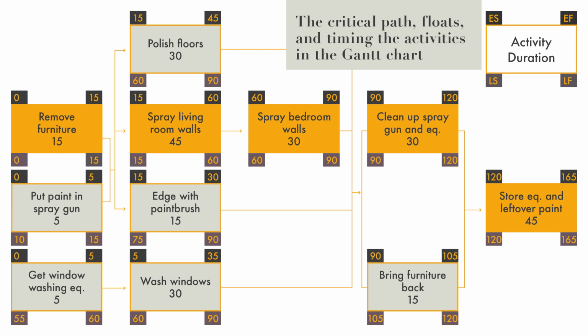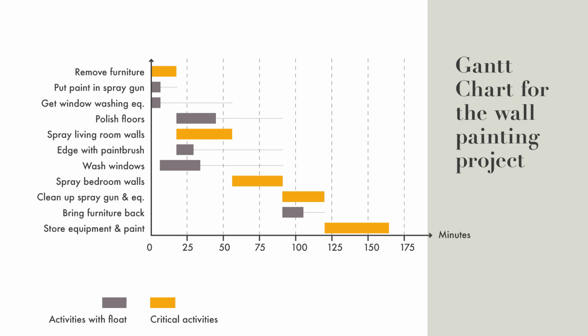So now we have calculated the network, and we are ready to move those activities in the time axis. In this picture, the activities are in the time axis, and the critical activities are marked with the red color, and the non-critical activities are with blank bars.